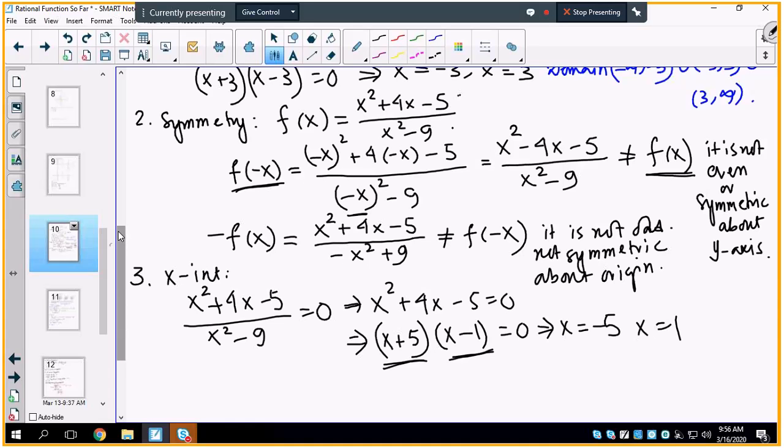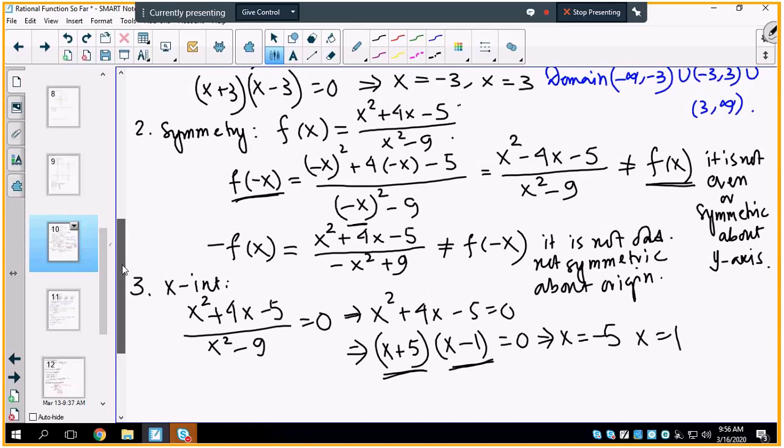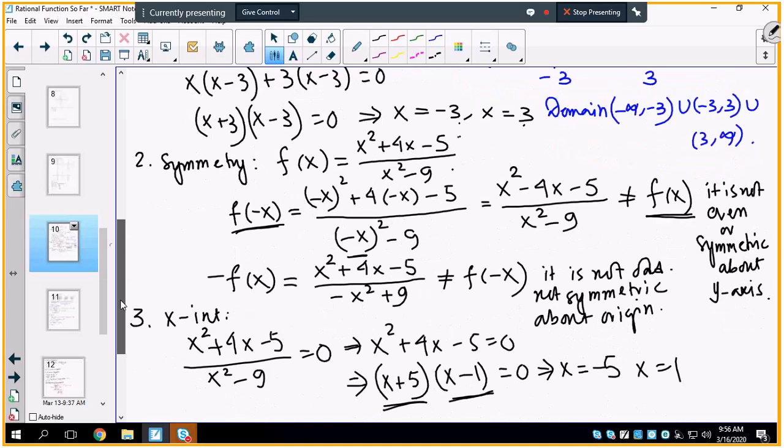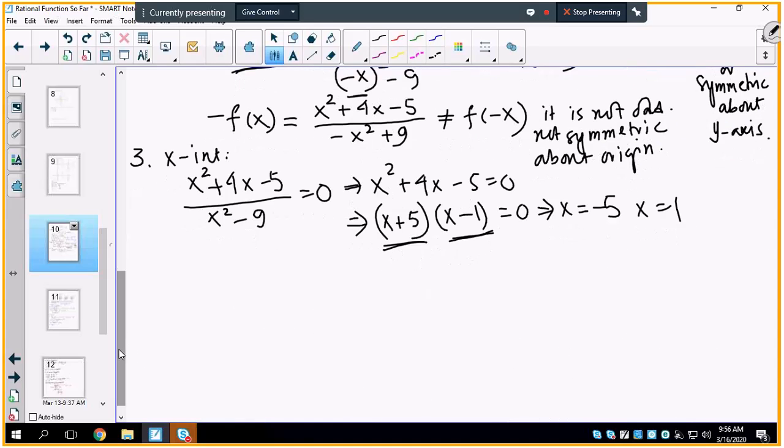Now remember the bad points? The bad points were negative 3 and 3. So none of my solutions are bad because they're negative 5 and 1. They're not negative 3 and 3. So the x-intercepts are negative 5 comma 0 and 1 comma 0. How about the y-intercept?